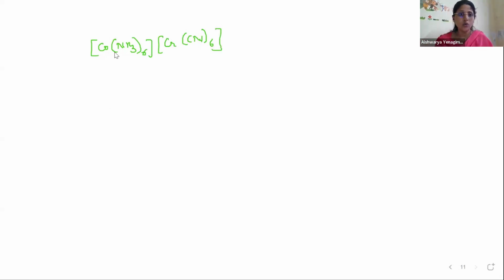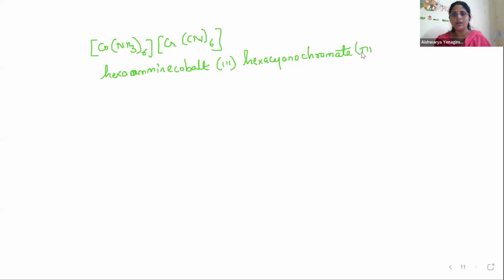This is the cation, so it is hexaamminecobalt(III), then hexacyanochromate(III). Correct? This is how we write the name for the compound.